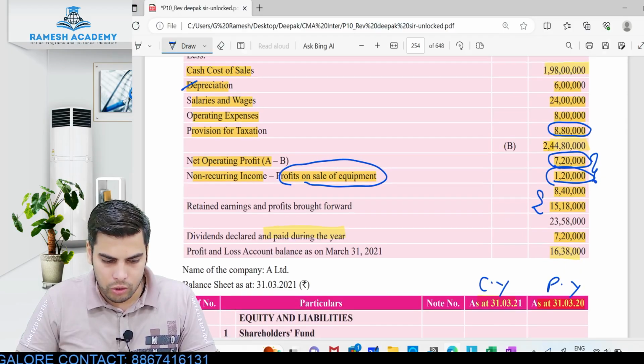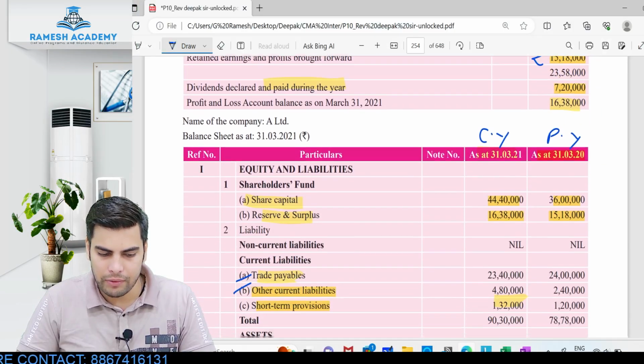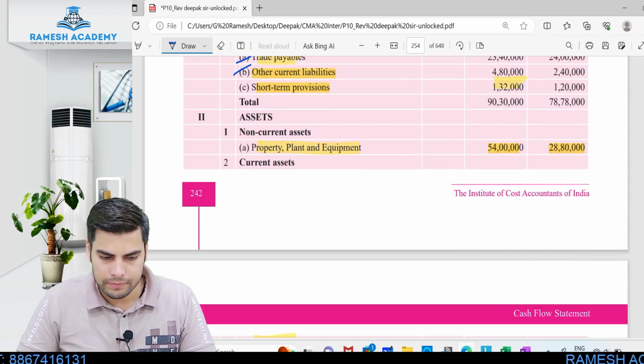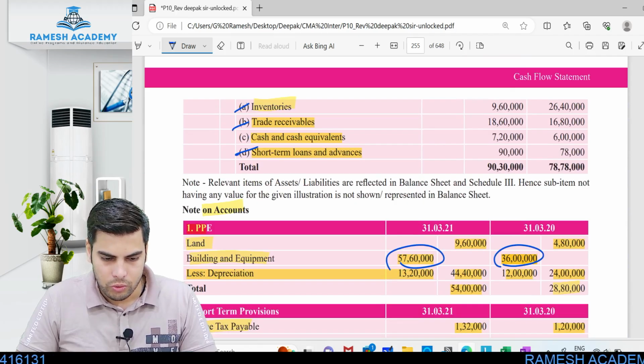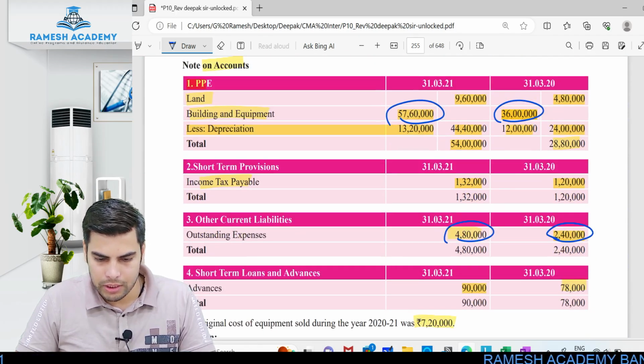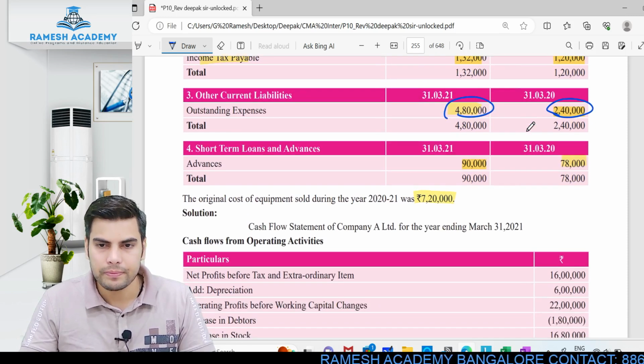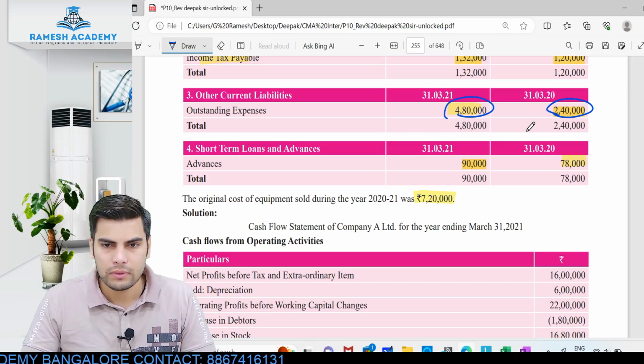Now look at the accumulated depreciation. Okay, so have they given any information about the accumulated depreciation? Yes. So somewhere they had given information about the depreciation, right? So this is the depreciation for the current year, 13,20,000, and this is the depreciation for the last year. Is there any other information other than this with respect to depreciation? Yes.